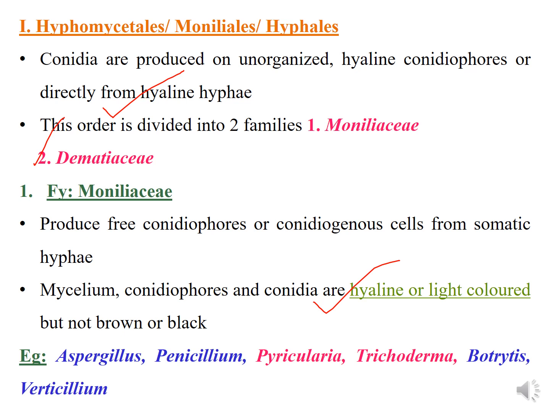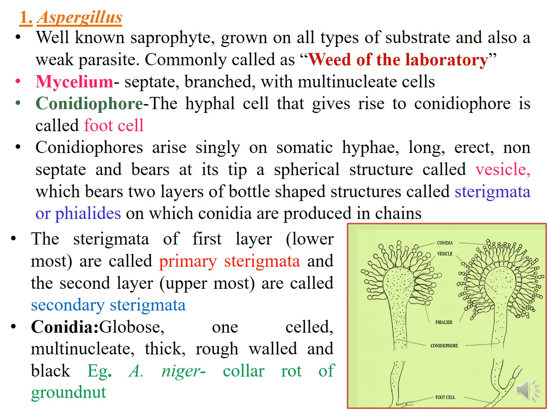What are the different genera included under the family Moniliaceae? This is the Ainsworth classification that I am explaining here. These genera include Aspergillus, Penicillium, Pyricularia, Trichoderma, Botrytis and Verticillium. We will discuss the important characteristics of each genus.